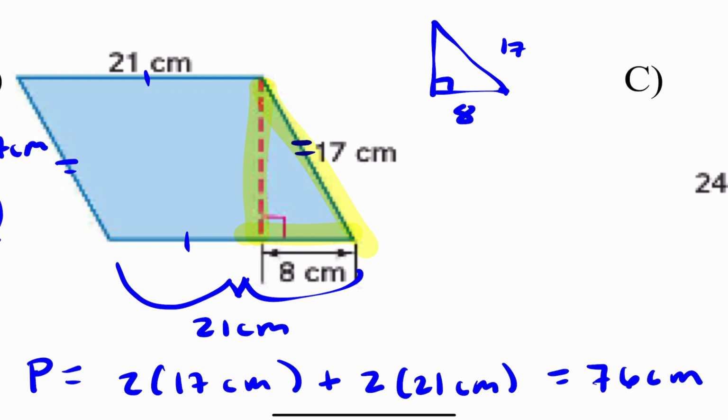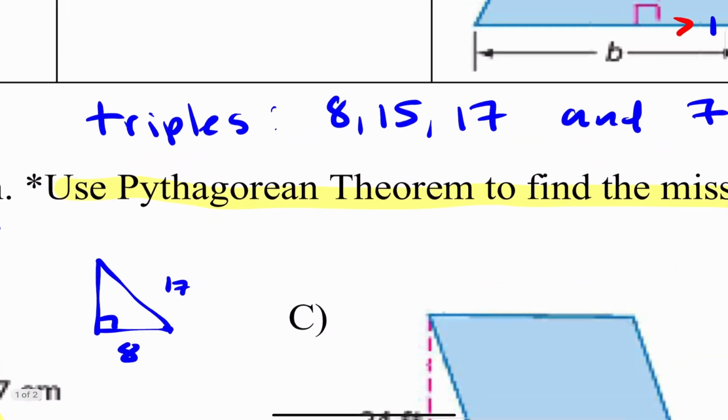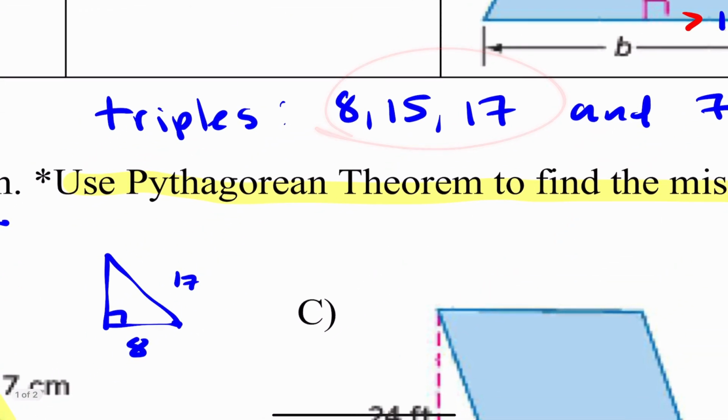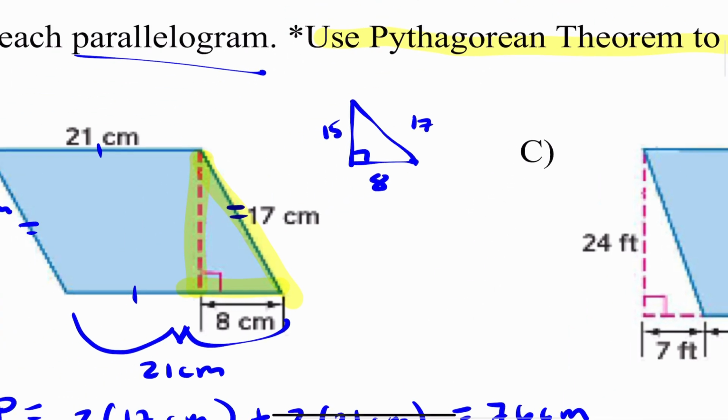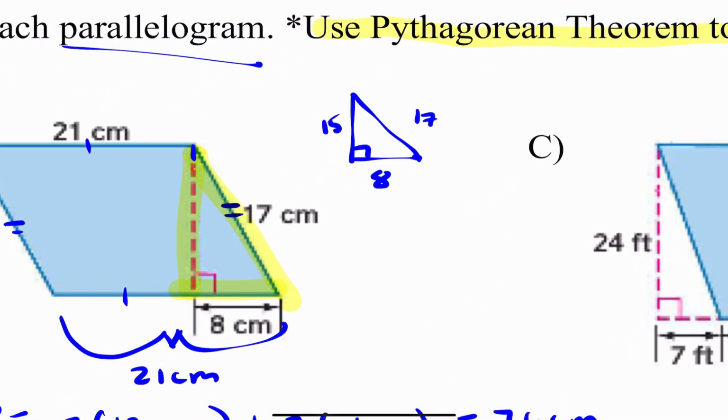So I have to use the Pythagorean theorem to figure out this missing side length. But I already have 8 and 17, so if I go back over here, 8, 15, 17. The missing number, the height here, is 15. So the height is 15 centimeters.